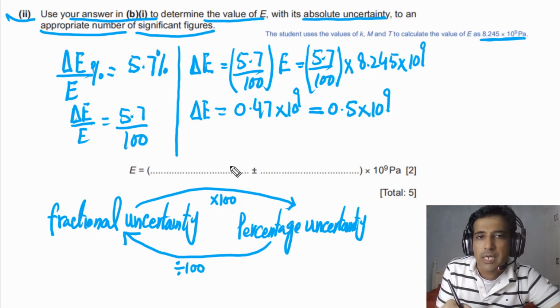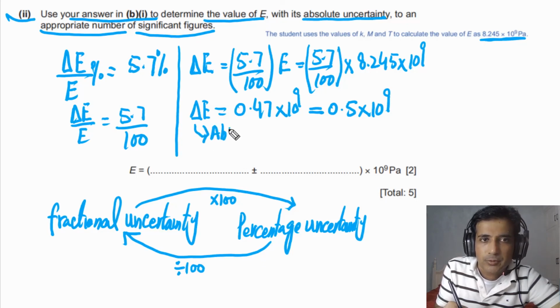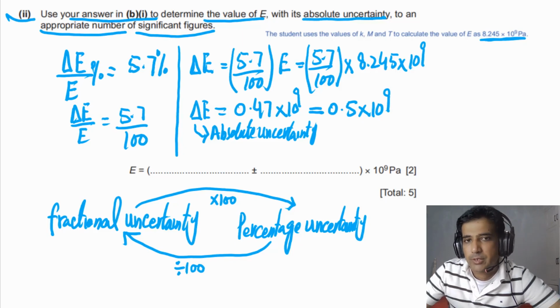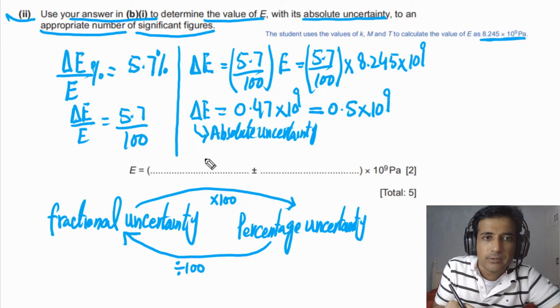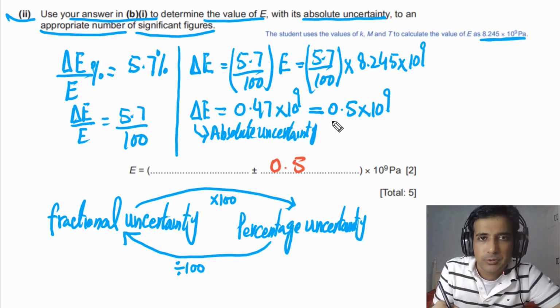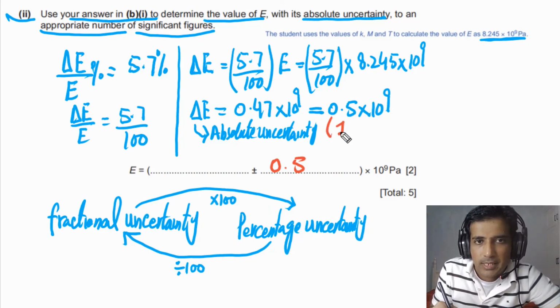So this is the absolute uncertainty of E. Now we can write down absolute uncertainty and we can write down Young's modulus. The absolute uncertainty is 0.5. Now you need to understand, so let me rewrite one point here. This one has to be up to 1 dp only.